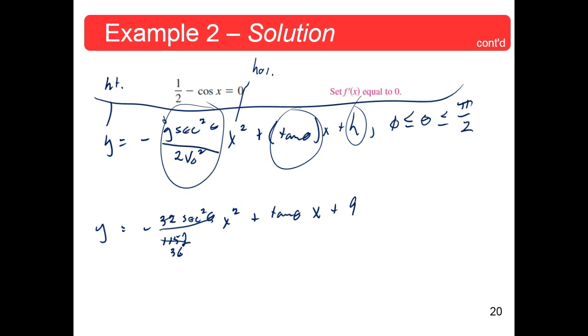That's what the book got too. Good, so let's rewrite this. Y is equal to minus secant squared theta over 36 times x squared plus tangent theta times x plus 9. All right, there's your y.